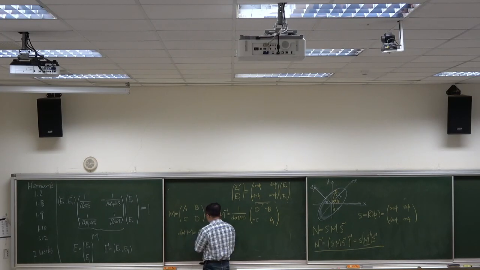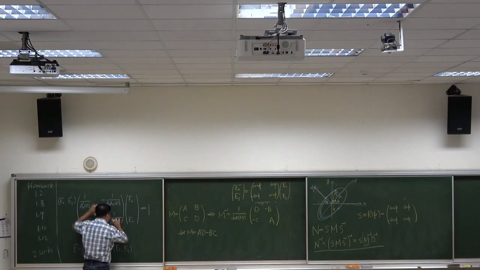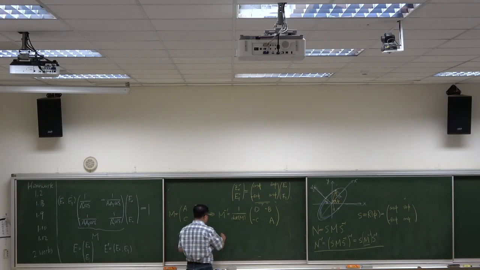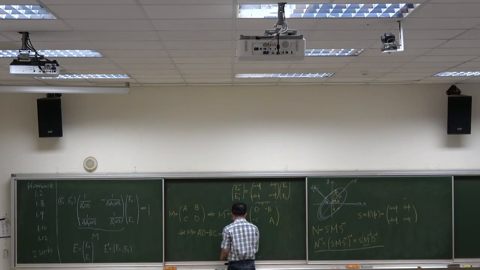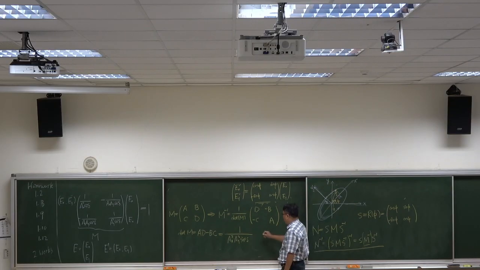First, what's AB minus BC? This is A, this is B. Okay. So this gives us ax squared, ay squared, cosine to the fourth power, minus ax squared, ay squared.